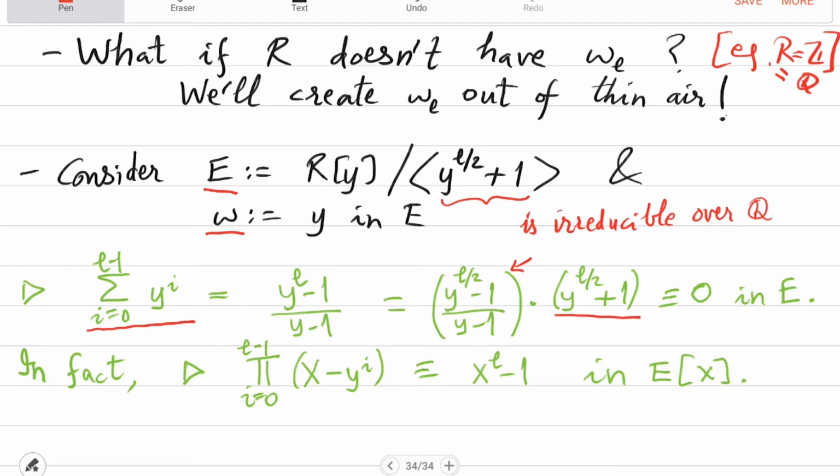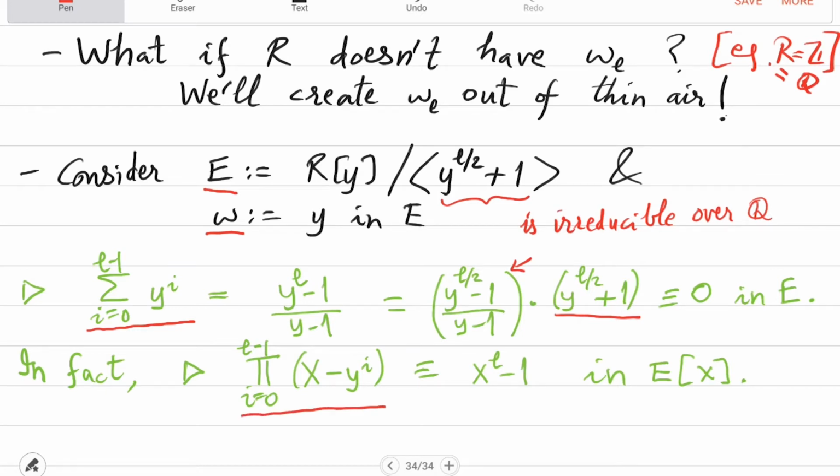Would this be true if you went mod y to the L minus 1? No, right? Because then the first equality itself will be a problem. This is the major reason why we have picked the modulus like this. And in fact, you can even work this out.